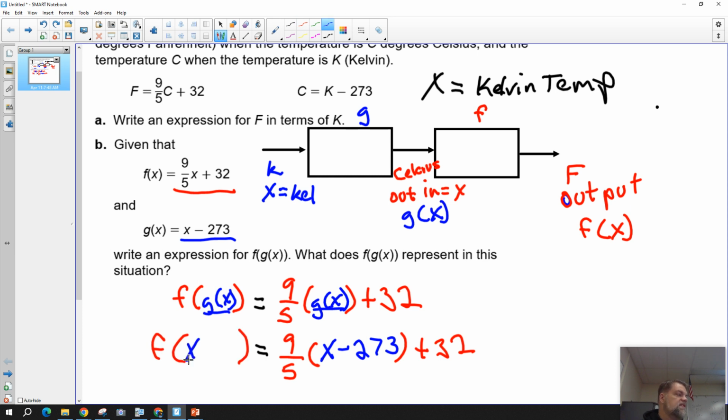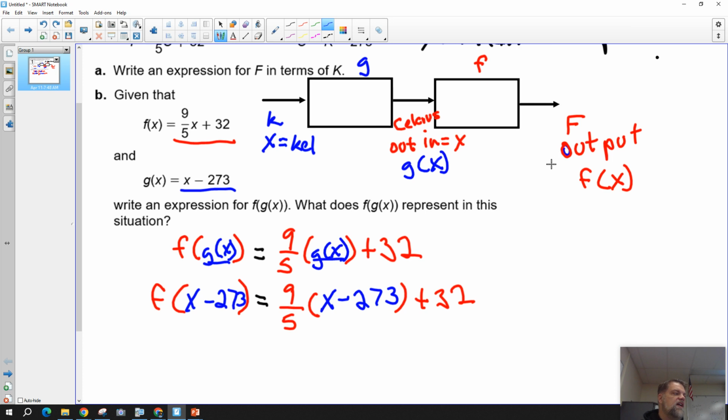I would say x minus 273. Now, the hard part about this is you got to do a little bit of algebra. So my f of g of x, I got to push this 9/5 through, which is not fun. So I'm going to say 9/5 x, but that's okay.